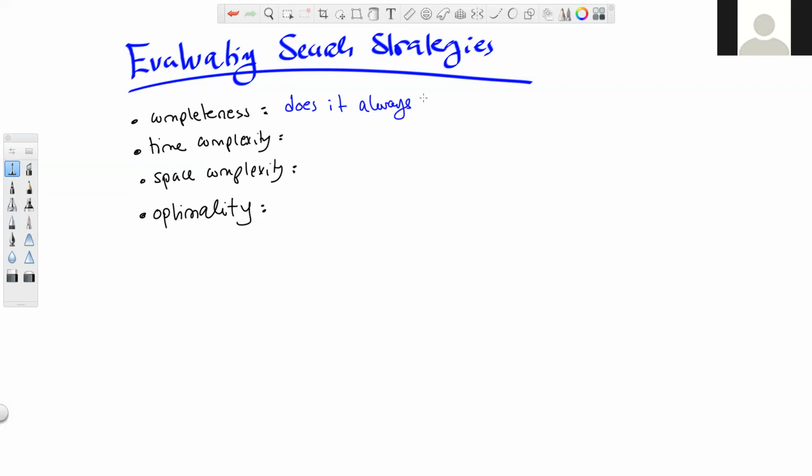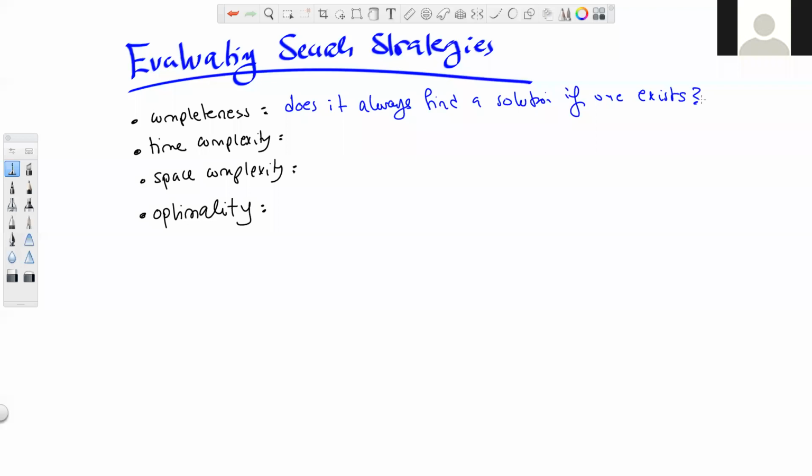We will see some search strategies are complete. They guarantee they will give you a solution if there is one. And some others do not. They may fail, so there may be a solution and they may go on forever and not come back.